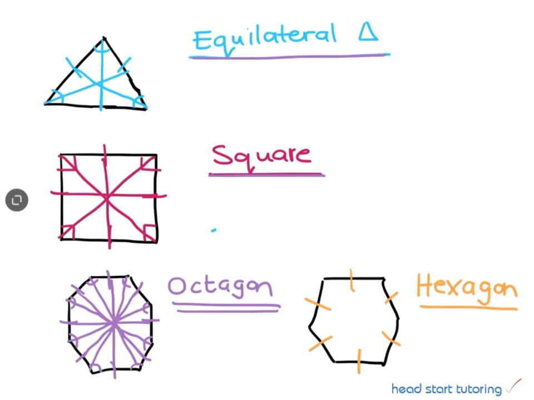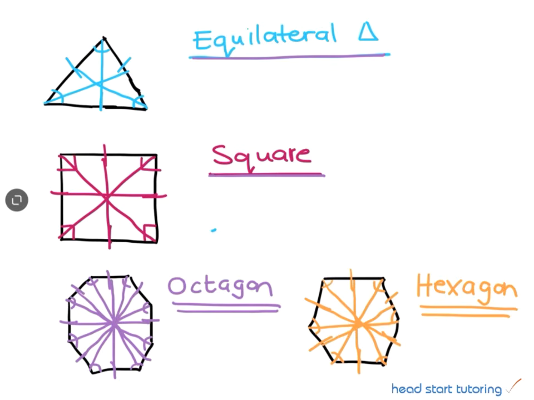Right, so because our hexagon has 6 equal sides and 6 equal angles, it will also have 6 lines of symmetry. So we go from angle to angle and side to side, and we end up with 6 lines of symmetry.